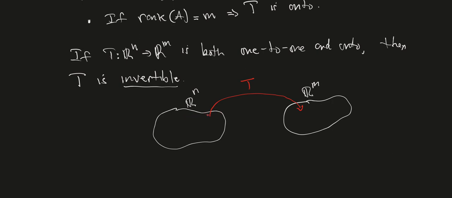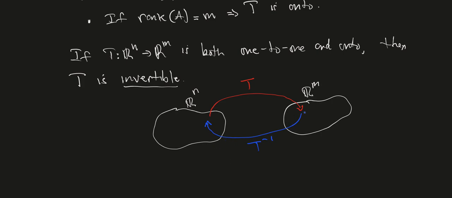If the transformation is both one-to-one and onto, then it allows me to define an inverse transformation that would take the elements of Rm and map them back onto the elements of Rn. And we use this notation for the inverse, right?